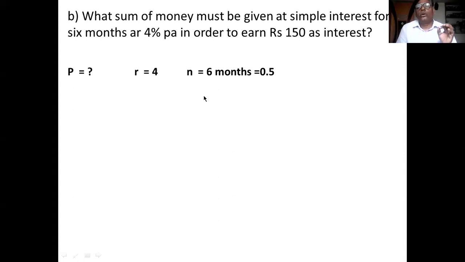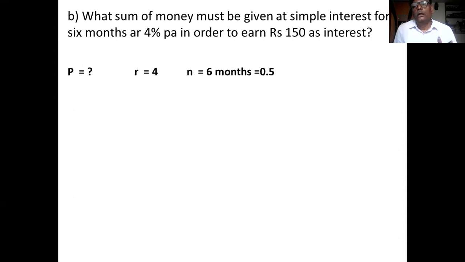Always the period must be in years, not in months or days or quarters. I already explained this point. 6 months means how many years? 6 months means half year or 0.5 year. If the period is given in months, you divide by 12 because there are 12 months in a year. So 6 by 12 is equal to 0.5.